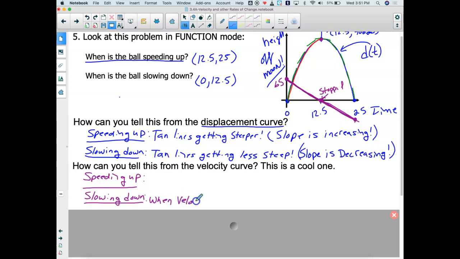So I'm slowing down when the velocity graph approaches 0. When my velocity is approaching 0, left to right, getting close, I'm stopped.